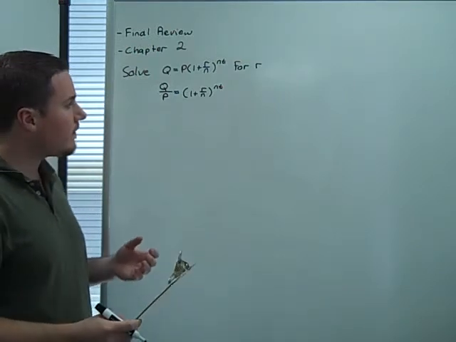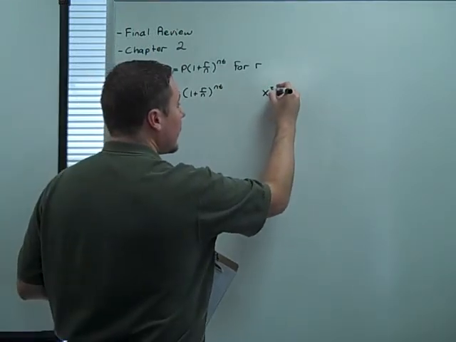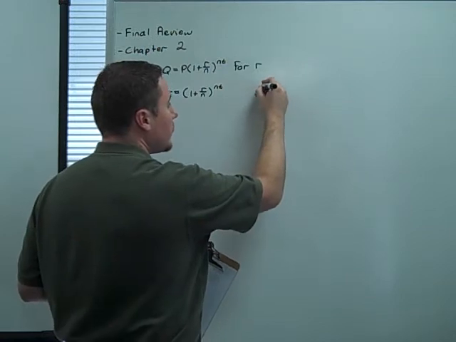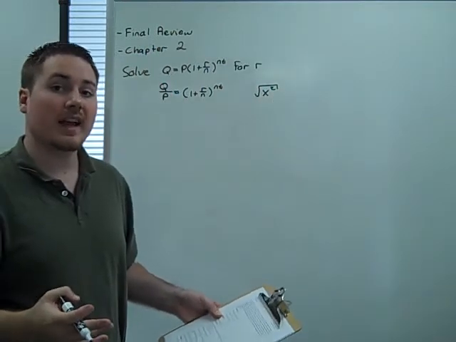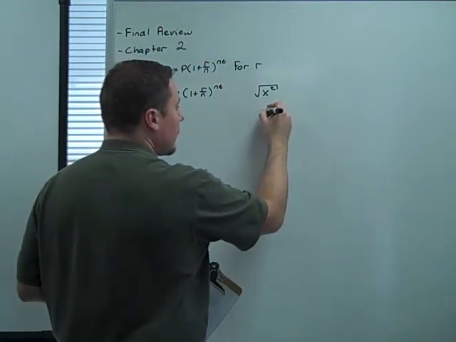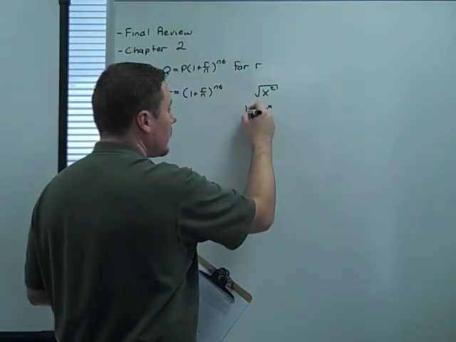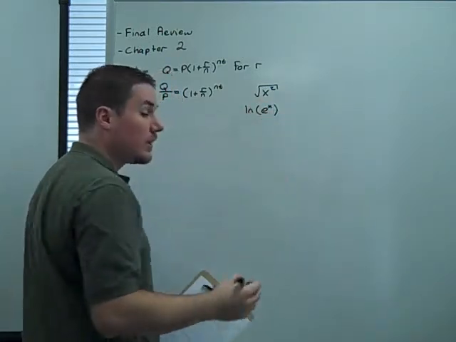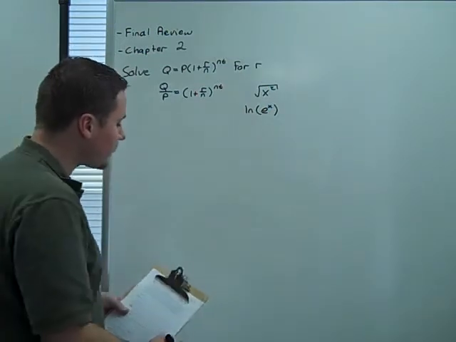For example, if I had an x squared, just off to the side, and I wanted to inverse that, I would square root. I would use a fractional exponent, basically. But if I had something like an e to the x, I would use an ln in order to get rid of that exponent, because the exponent would come down.